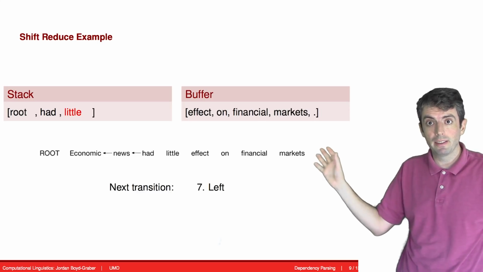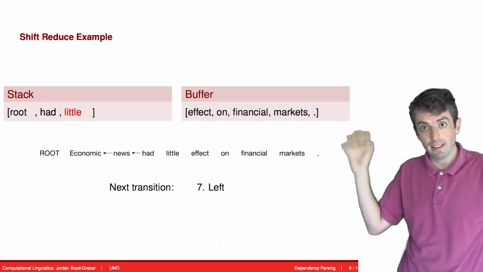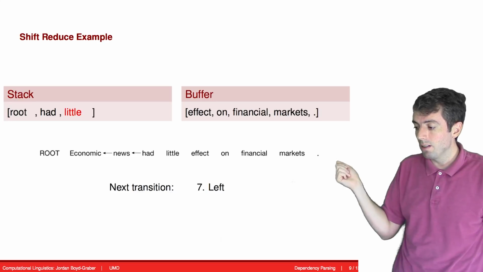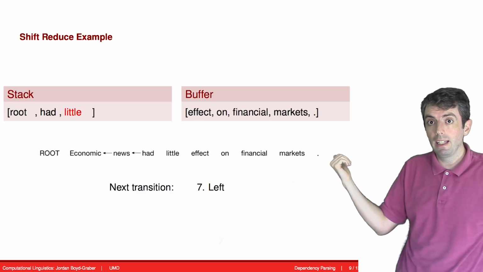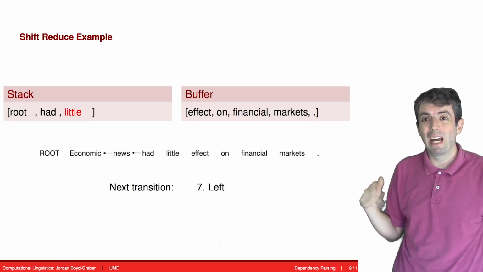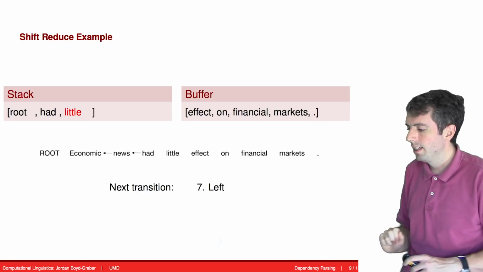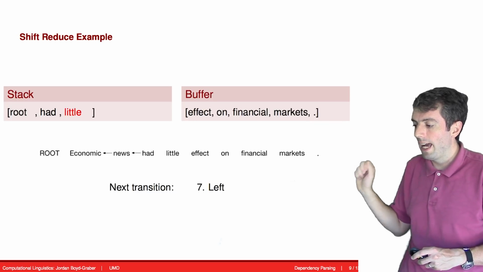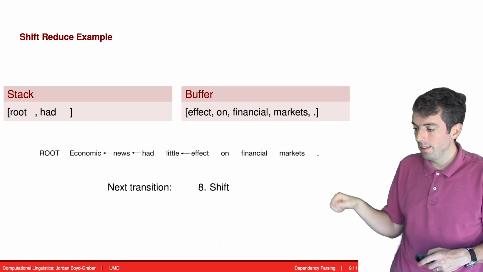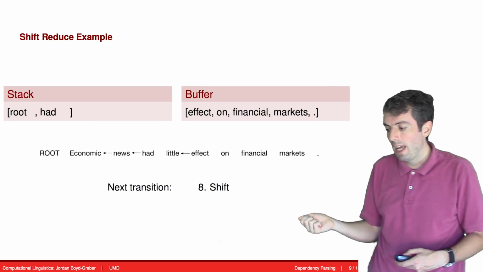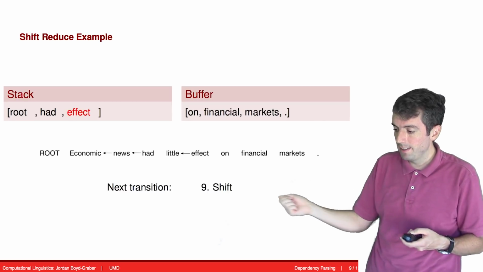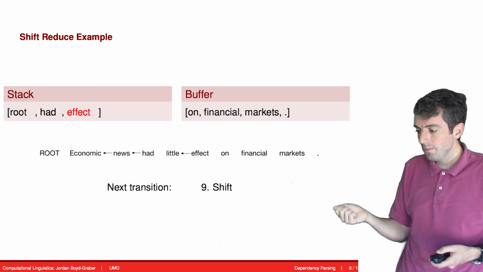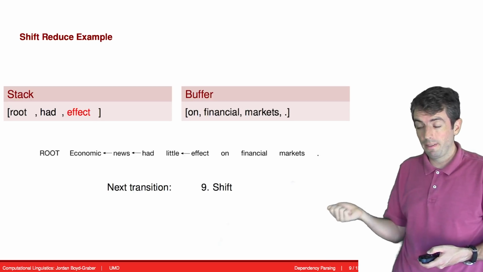And so now we have two things on the stack, had and little, but little is the top of the stack. And so now, because we're going to modify effect, so how big of an effect? A little effect. We're going to add an edge going from effect to little, and so that's now a left edge. And now we're going to shift again and put effect on the stack, and we're going to shift yet again.